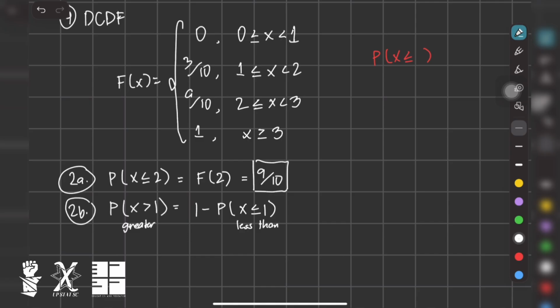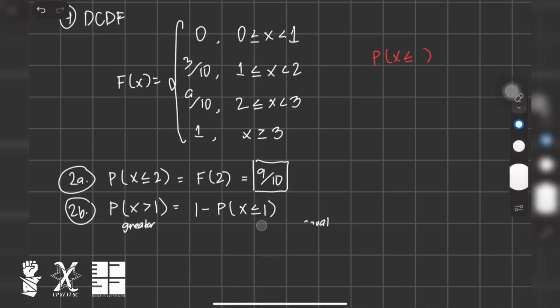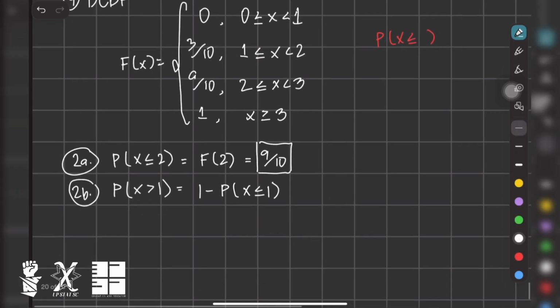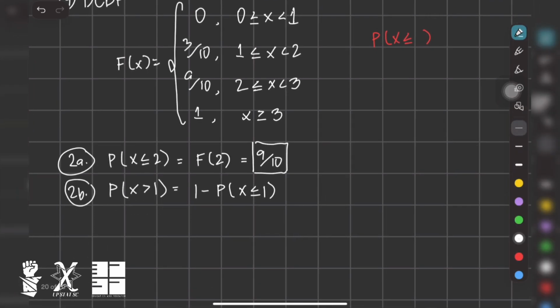That's just a bit of intuitive notion on the complement. Because this is the standard form of your cumulative distribution function, we can write it as 1 minus capital F of 1, because again it's the CDF.